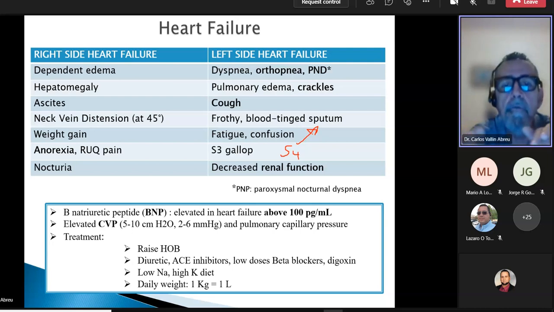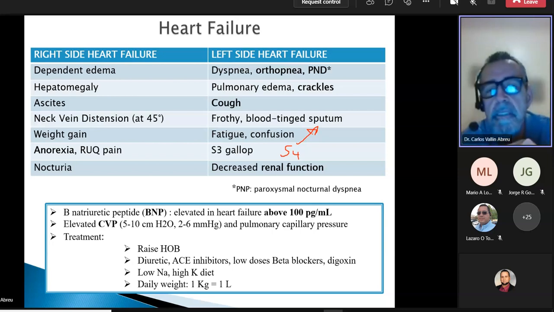So the client is walking, is doing an exercise until reaching the room and lying down on the examination table to be examined. And the nurse auscultates an S4.